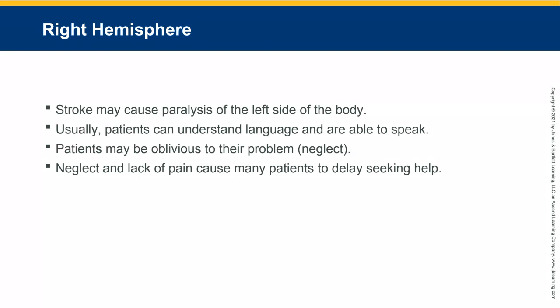Usually the patient can understand language and they are able to speak, so they don't have any issues understanding or speaking. However, if it's the right side, the speech will be slurred. So they can have slurred speech if it's the right side.